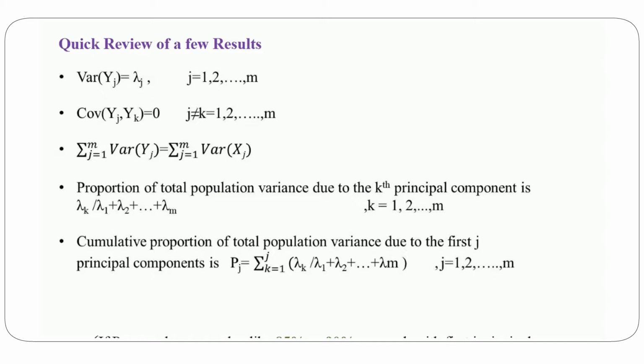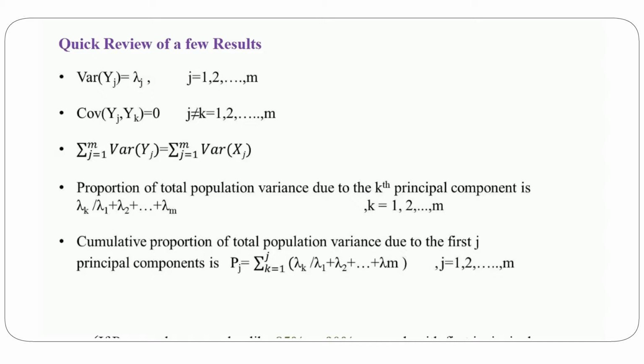For two principal components yj and yk, where j and k are not equal, the covariance between yj and yk is equal to 0. Then the sum of the variances of the principal components yj, j running from 1 to m, is the same as the sum of variances of the original variables x1, x2, xm.